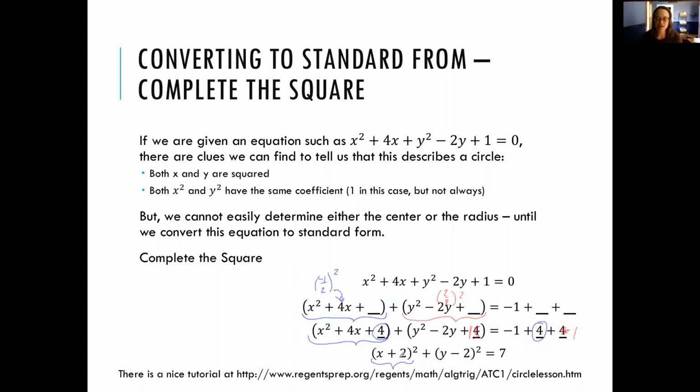So I've got x plus 2 squared times y minus 1 squared equals negative 1 plus 4 plus 1 is 4. And this, we can see, has got a center at negative 2, 1, and radius 2.